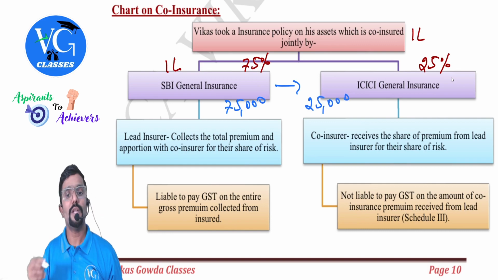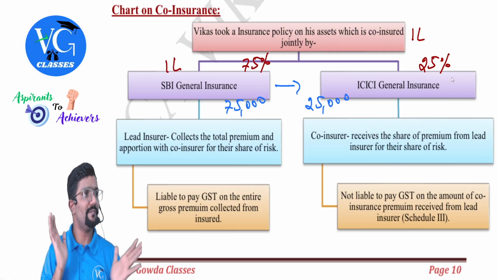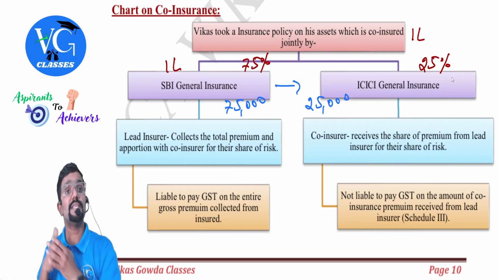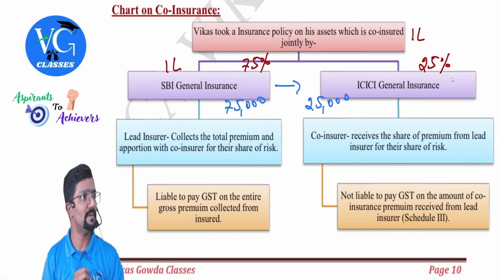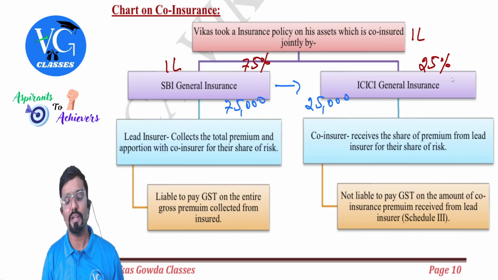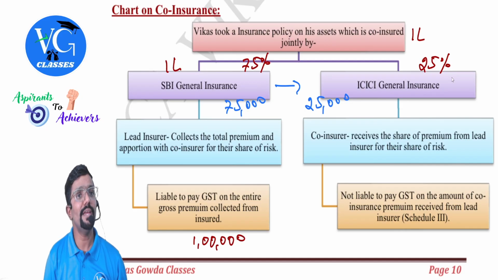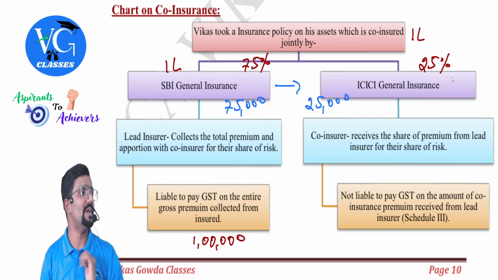ICICI. So now, if I see how much SBI is charging for their service, 75. How much is ICICI charging for their service? 25. But they are telling SBI, as you are the lead insurer, please pay GST on the entire 1 lakh. SBI, you pay GST on the entire 1 lakh.